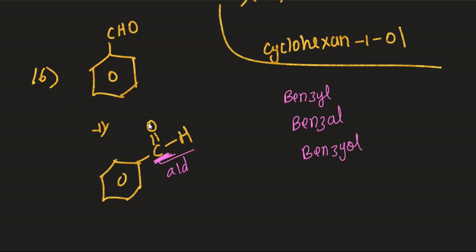Benzyl, as in benzyl chloride, is used if the benzene-attached carbon has 2 hydrogens. Benzal is used if the carbon attached to benzene has only 1 hydrogen. Benzoyl is used whenever the carbon attached to benzene has 0 hydrogen. Here the carbon attached to benzene has only 1 hydrogen, so should I start with benzal?